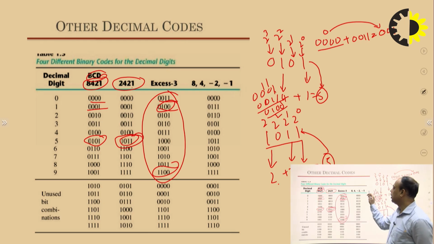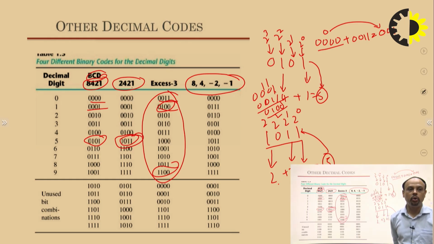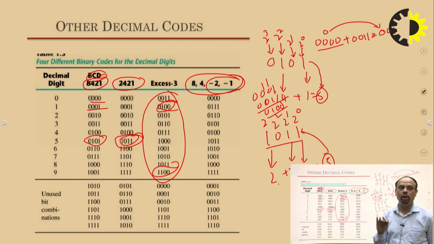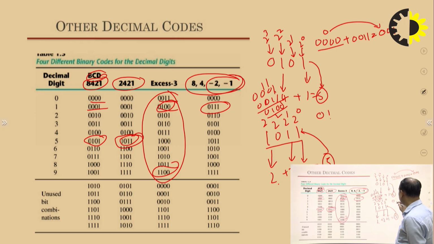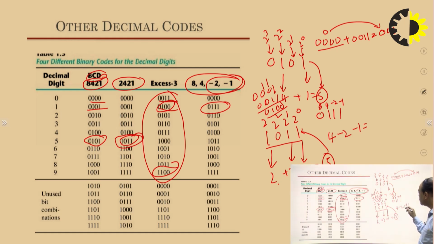There is another type of binary code, that is 84 minus 2 minus 1 code, in which the weights assigned to the last 2 bits are negative. That is, we have to subtract these bits in the total summation of all the bits if there is a 1 in those places. Like if we consider this number 0111, if the code is 84 minus 2 minus 1, we have 4 over here, minus 2 and minus 1, that is equal to 1.